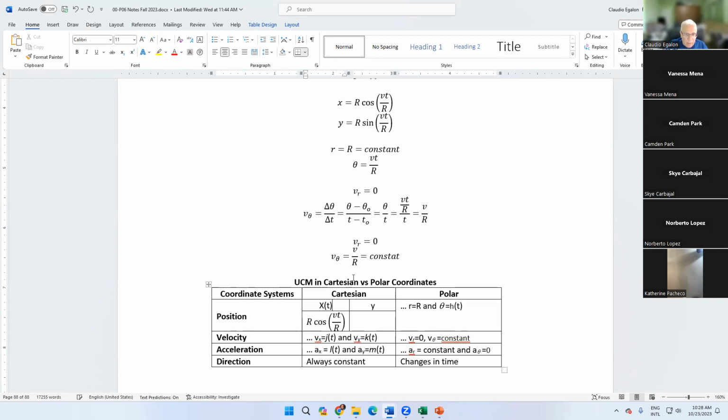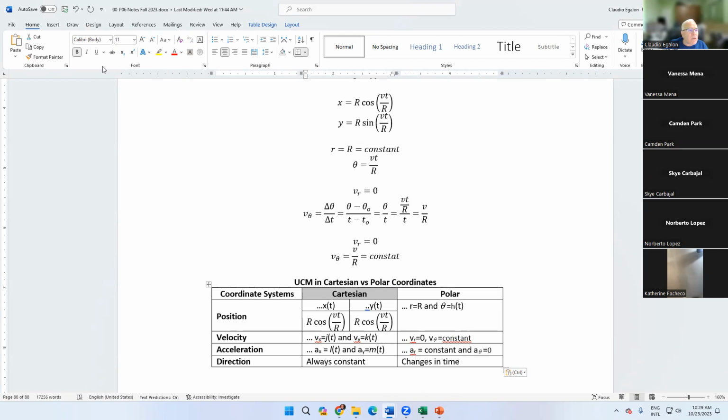I'm going to emphasize that both X and Y are a function of T. You know what? I need to do better than that. I can do better than that.